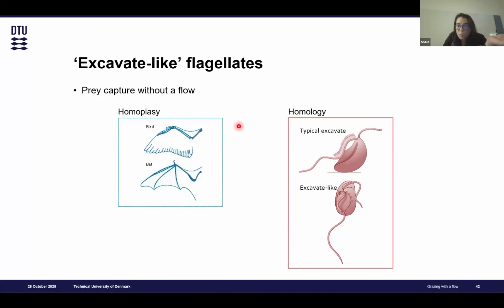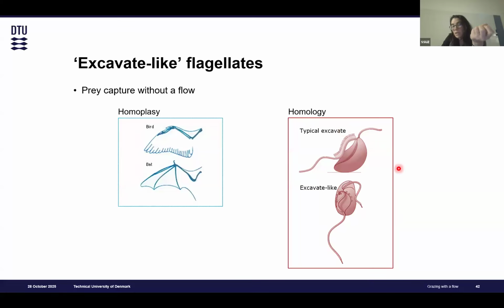Either it can be a homoplasy, as in the case of the wing of a bird and a bat, which have evolved independently, serving the same function, or we are more inclined towards the possibility of it being a homology, an homologous trait, basically that these characters of the ventral groove and the vein flagellum originate in the same manner as in the typical excavates.